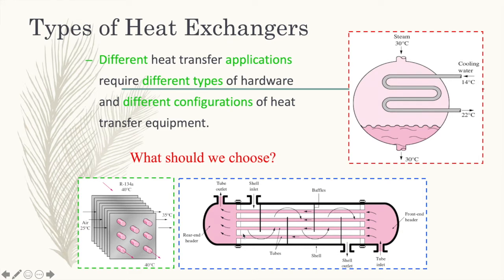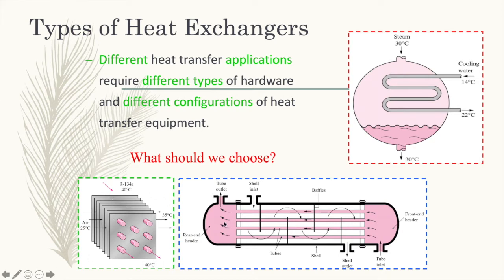As we know from before, we have the staggered arrangement and the inline arrangement. Basically that arrangement applies in this shell and tube or in the compact heat exchanger, depending on which configuration or arrangement perfectly matches your process.